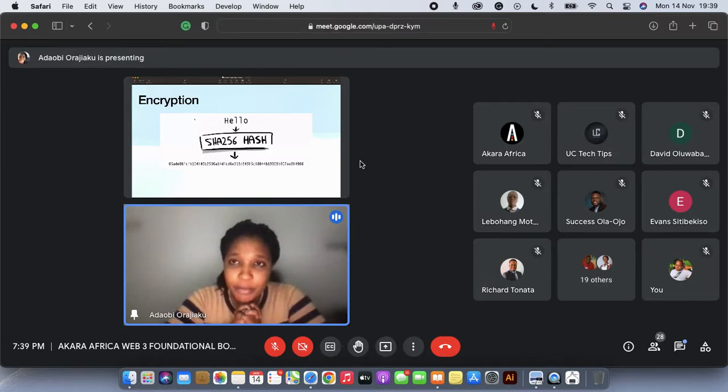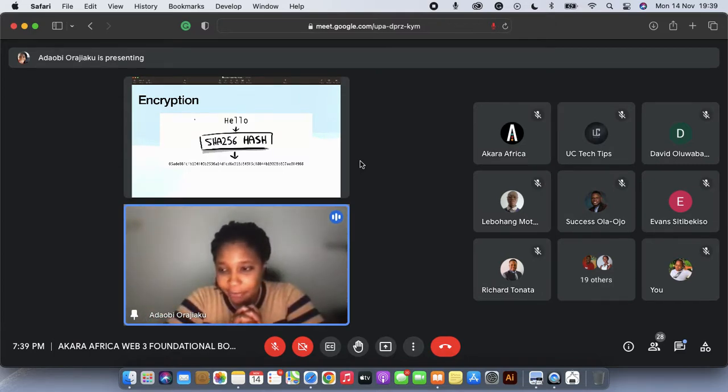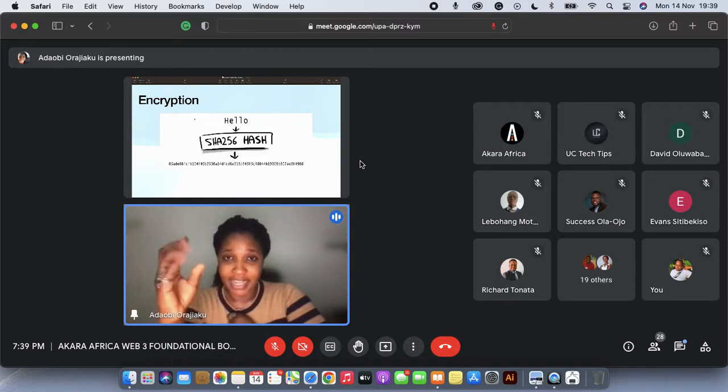But basically, the blockchain network uses asymmetric encryption. To cut the long English short, it's the encryption that makes it such that the owner of the data, the creator of the data, has a private key, and the people that want to read the data, he can give them a public key to access the information.